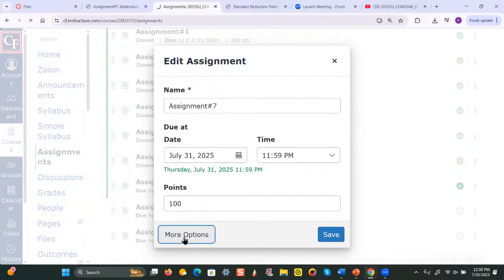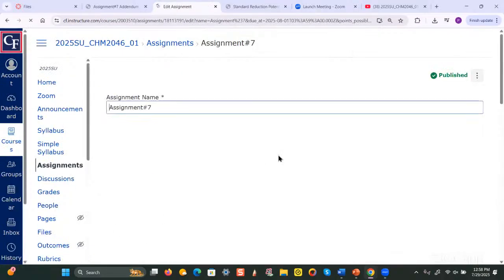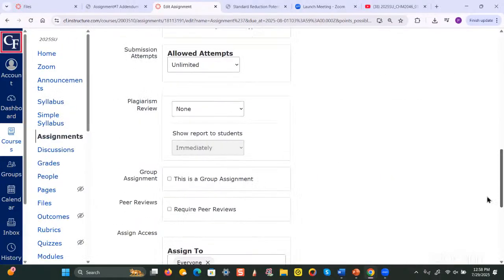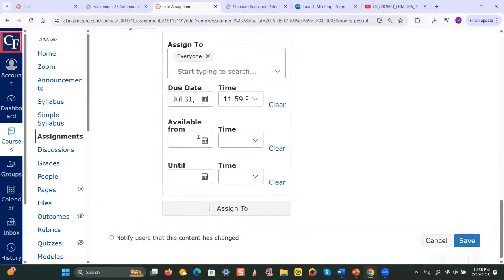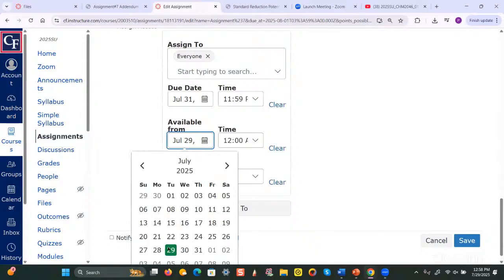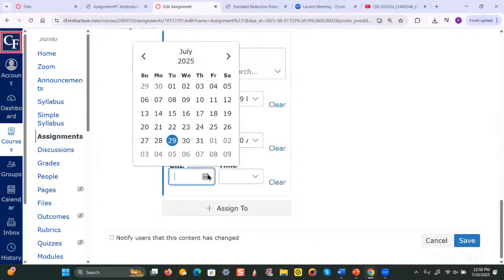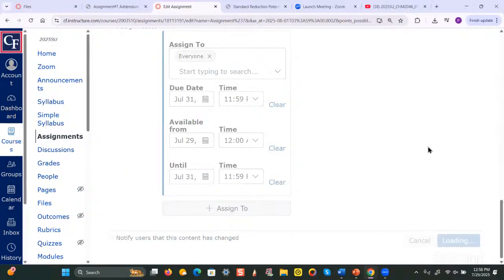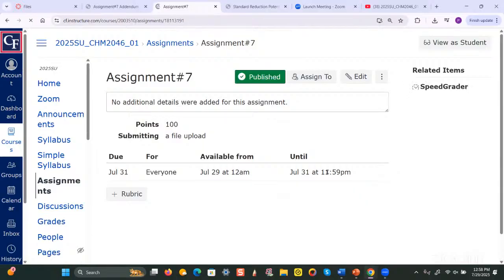So it's available from today until the 31st. All right, so assignment number 7 and the addendum together should be submitted in that Dropbox.